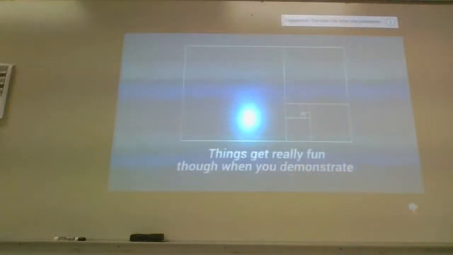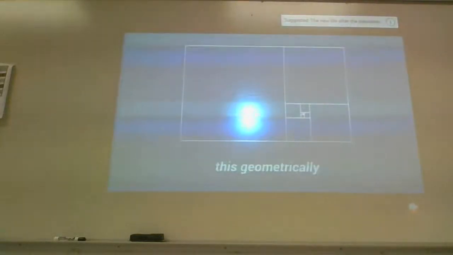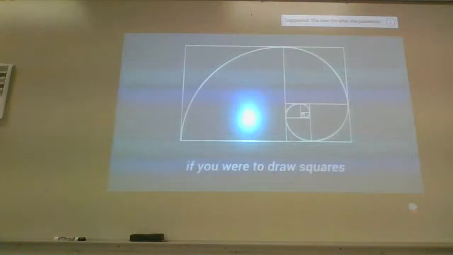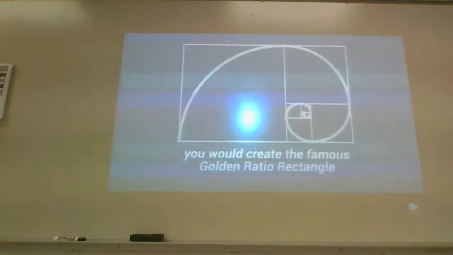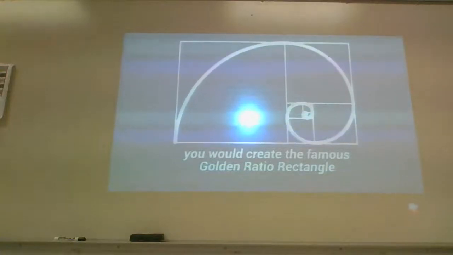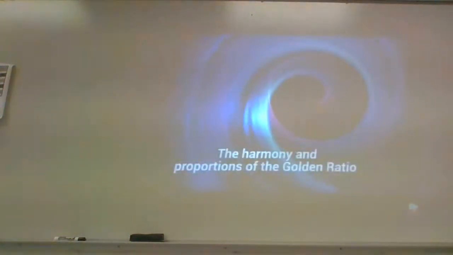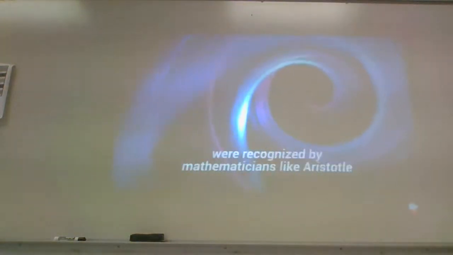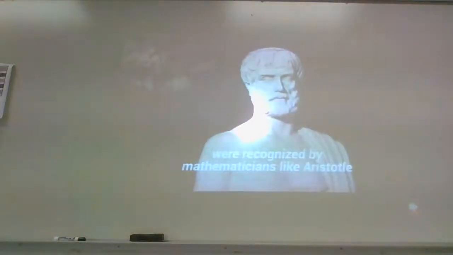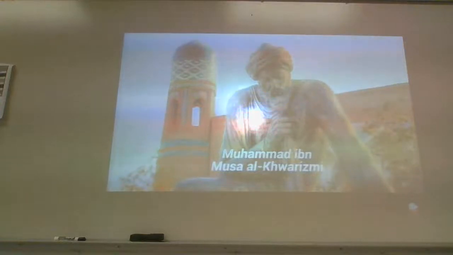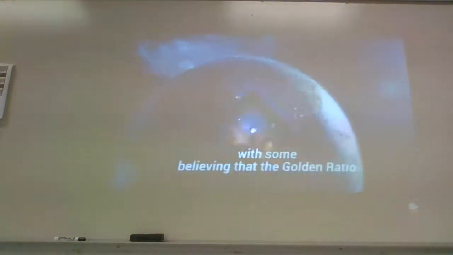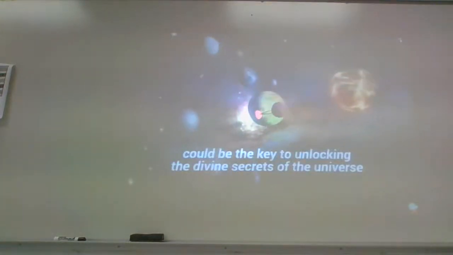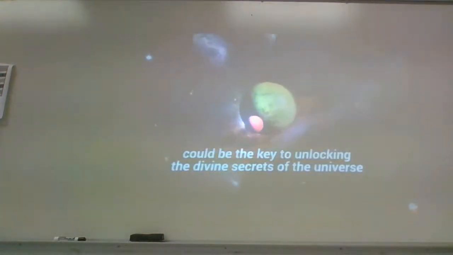Things get really fun though when you demonstrate this geometrically. That is because if you were to draw squares with the dimensions of the numbers in the sequence, you would create the famous golden rectangle. The harmony and proportions of the golden ratio were recognized by mathematicians like Aristotle, Pythagoras, Muhammad ibn Musa al-Khwarizmi, and Boethius, with some believing that the golden ratio could be the key to unlocking the divine secrets of the universe.